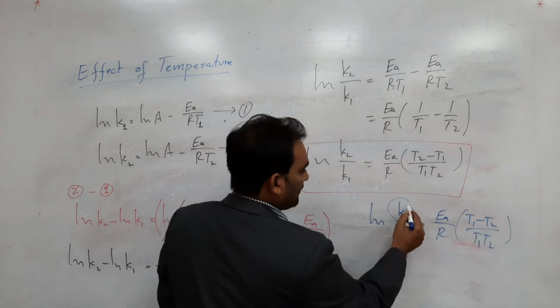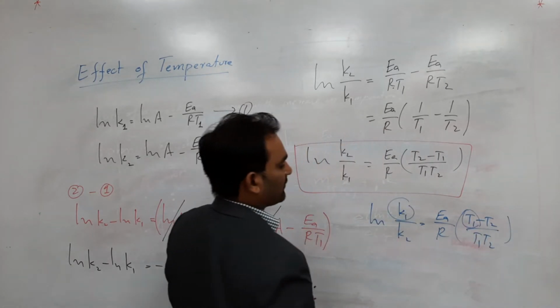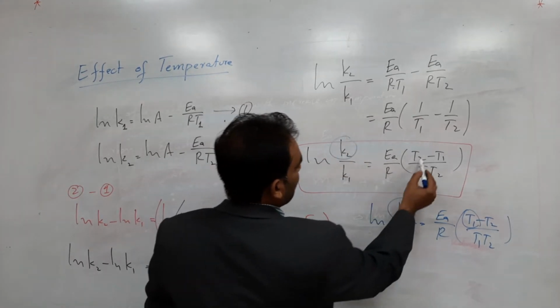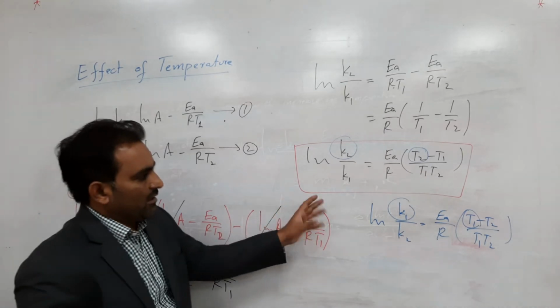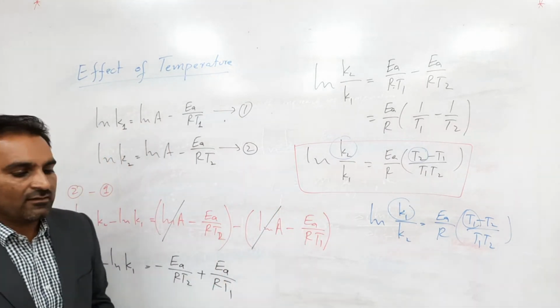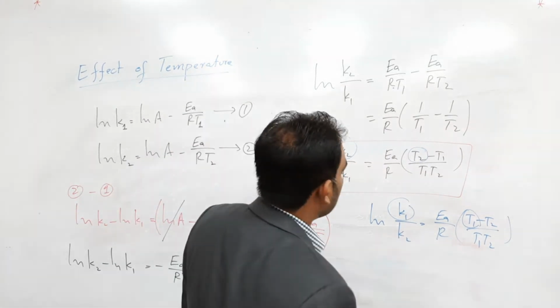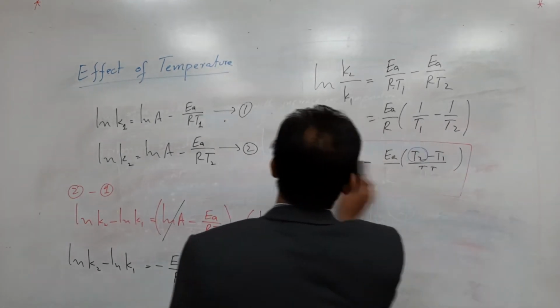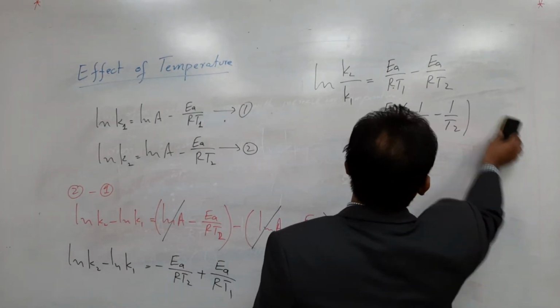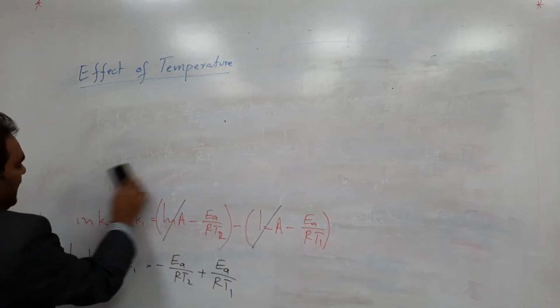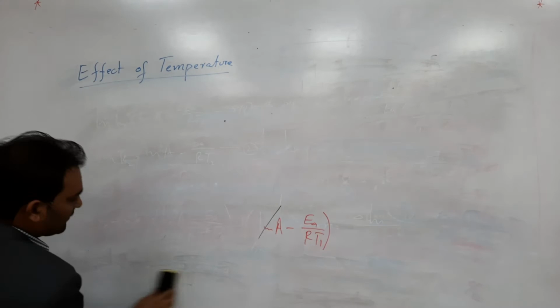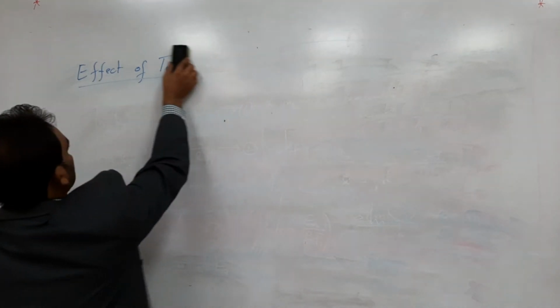If K1 is here, then here will be T1. If K2 is here, then here will be T2. So these two equations can also be used to find the activation energy of a reaction by determining the rate constant at two different temperatures.